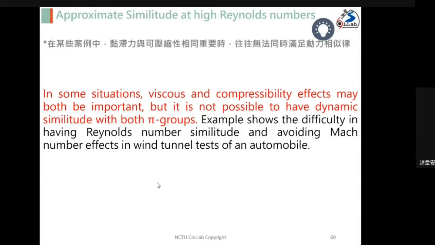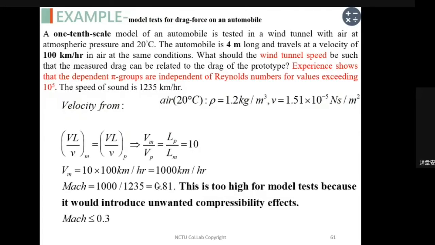As we showed in one exercise, if you would like to satisfy the dynamic similitude for the Reynolds numbers, then you may have a relatively high speed. If the speed is high, then you will meet some problems with the compressibility assumptions. So this is the problem again.